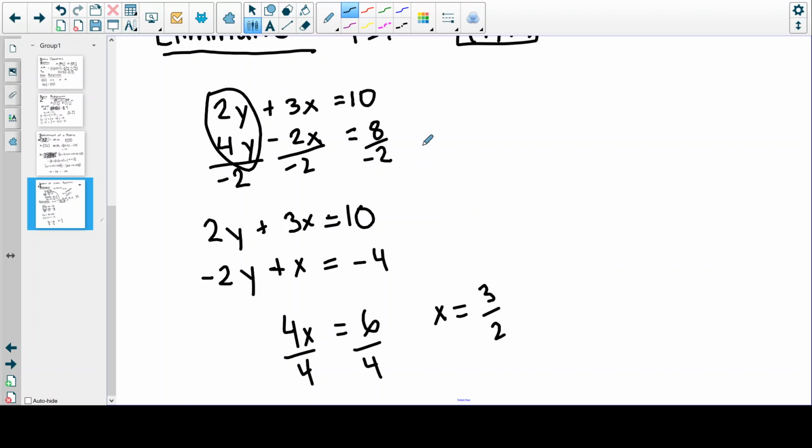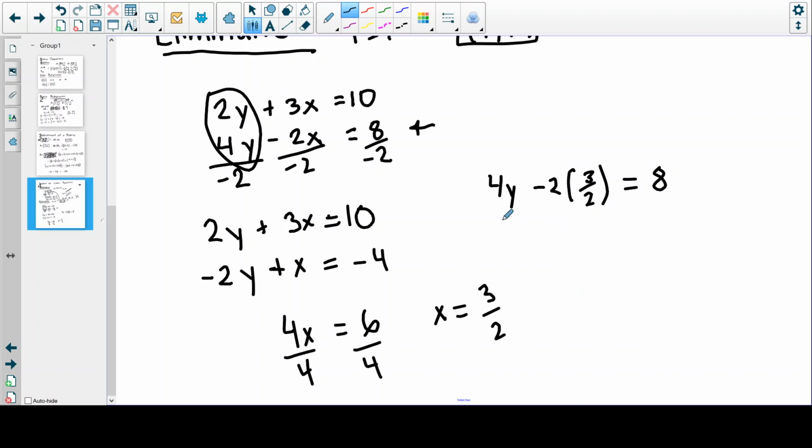Actually, I'm going to plug it into the second original equation, because our 2's can cancel out. You'll see why here. So our original equation was 4y minus 2. I'm going to put the x in here, but remember to always put it in parentheses whenever you're substituting any value. Equals 8.